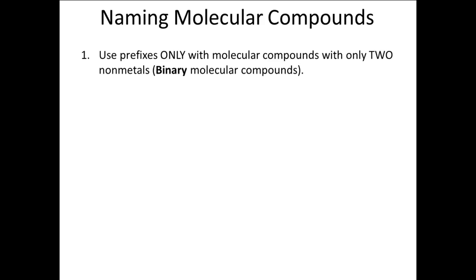One other very important thing to note is that these prefixes are used only for compounds that are made of two nonmetals. If there are three or more elements, we use other ways of naming the compound. So here's a quick summary of the rules for naming binary molecular compounds.